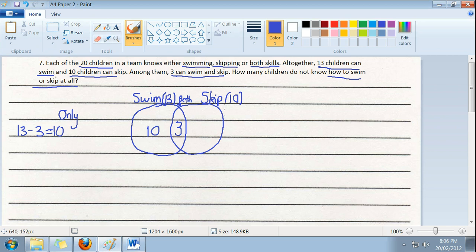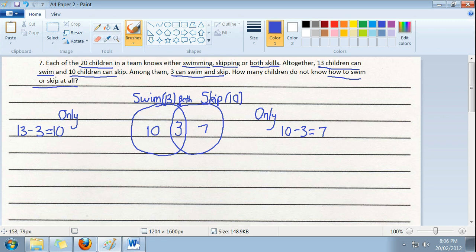Okay? Now if we want to find out how many children only know how to skip, well, it's the same thing. 10 take away 3. And that's 7. So inside this circle, only 7 children know how to skip. Okay? Out of the 10. And 3 can do both.